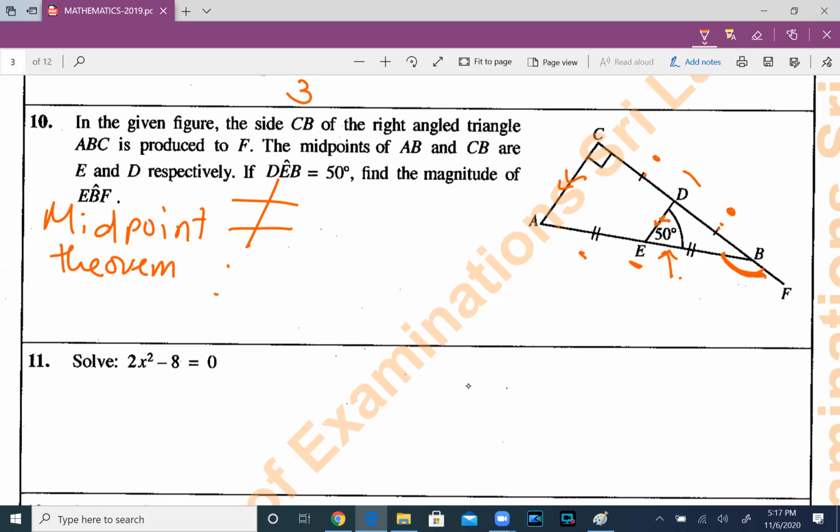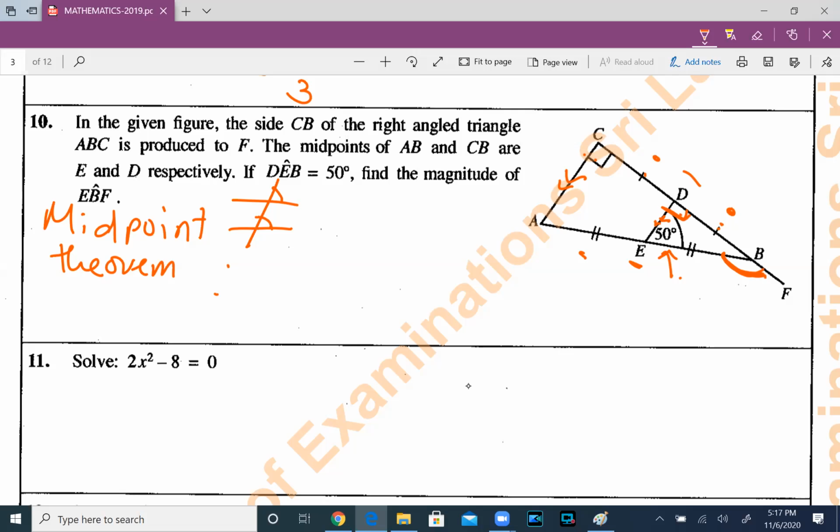So if you see here it is 90, and these two are parallel, so this angle and this angle should be equal. If this is 90, this also is going to be 90. If you see this triangle DBE, DB has been produced.